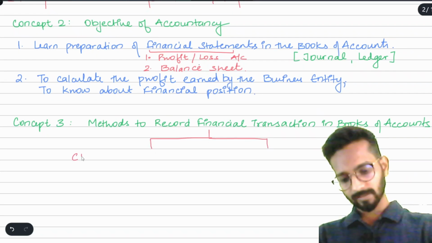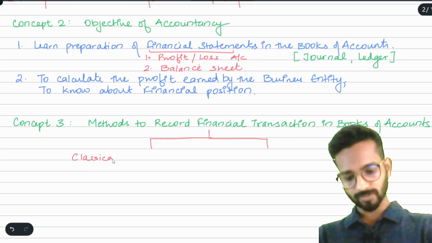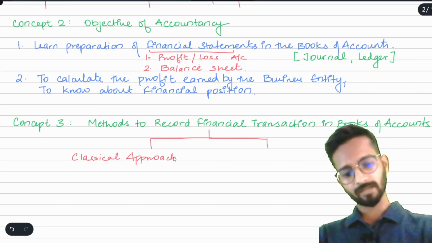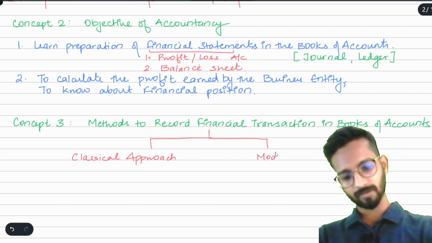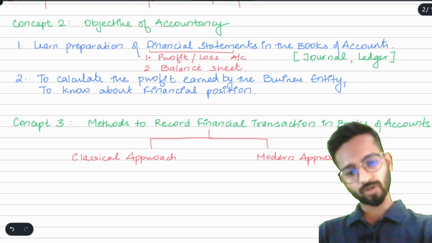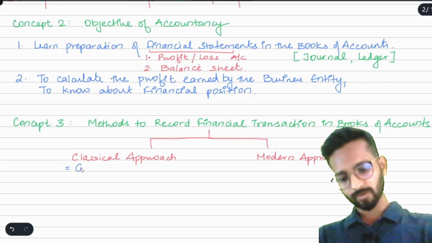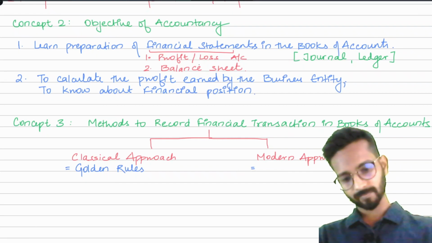First is the classical approach and another one is the modern approach. Classical approach talks about the golden rules and modern approach talks about the equity concept.